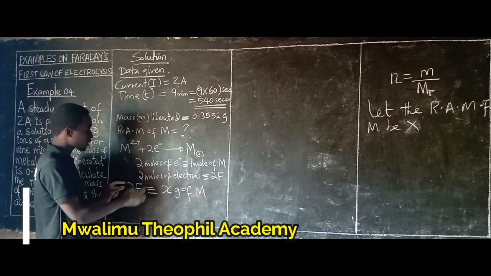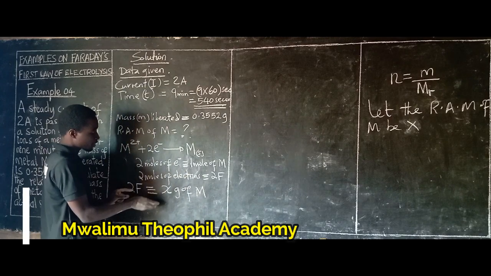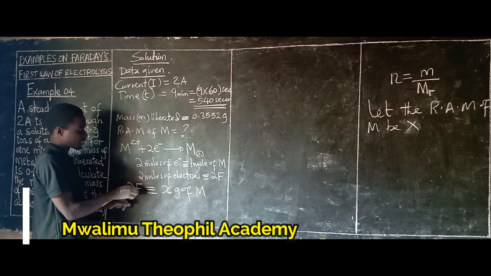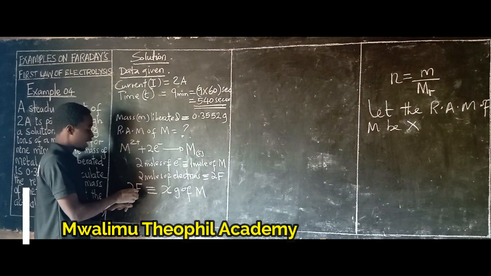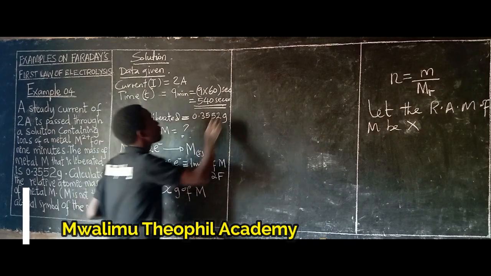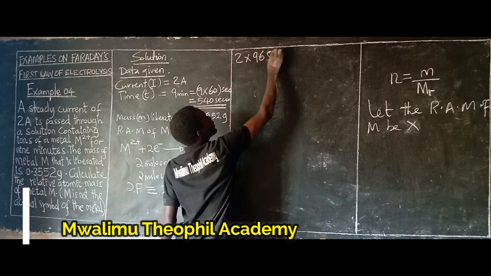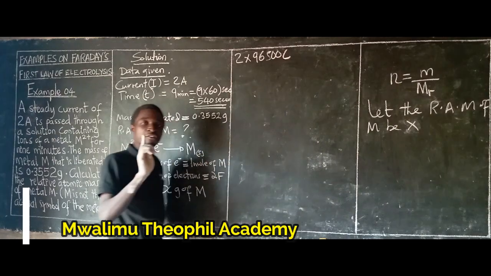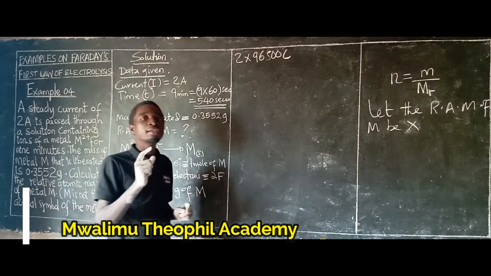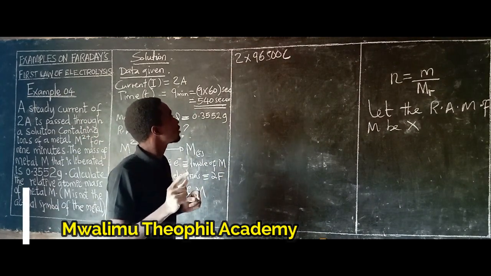But before we relate it with the data which we have, let us convert this number of Faradays into coulombs, I mean into charge. Here we are going to have 2 times 96,500 coulombs. As you know, 1 Faraday is equal to 96,500 coulombs.